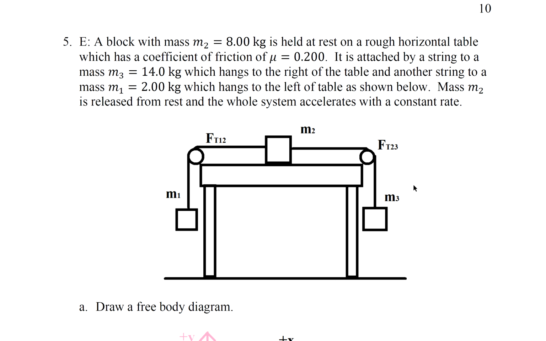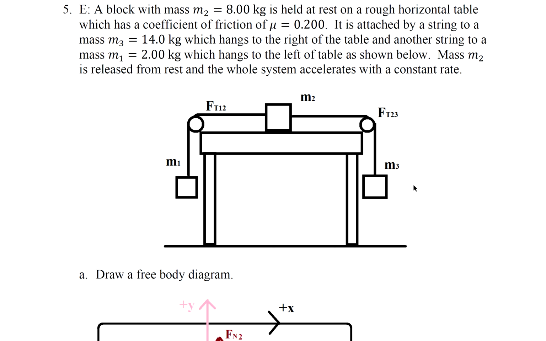It is attached by a string to a mass m3, which has a mass of 14 kilograms, which hangs to the right of the table, and another string to a mass m1, which hangs to the left of the table, as shown below. Mass m2 is released from rest and the whole system accelerates at a constant rate. So what happens? m1 goes up, m2 goes to the right, and m3 goes down.